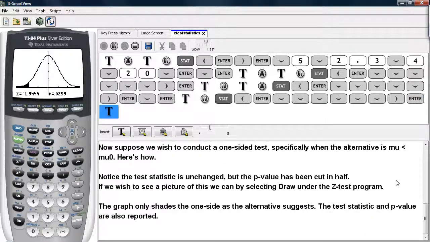And here we can see that only one side of our curve was shaded, specifically the left side. That's why it's called the left-sided alternative. And again, the test statistic and the p-value are also reported. And this is how you can conduct a z-test on the TI-83, 84 calculators with statistics.